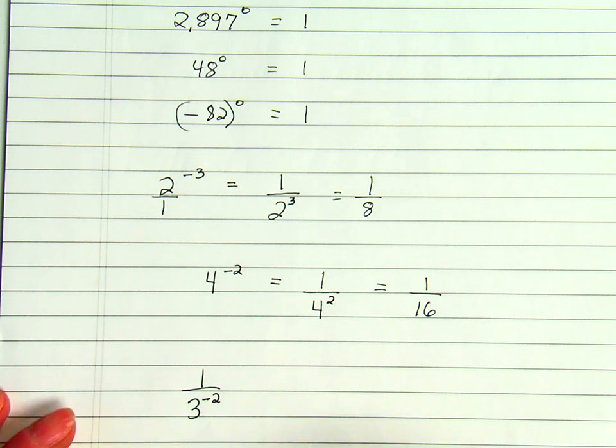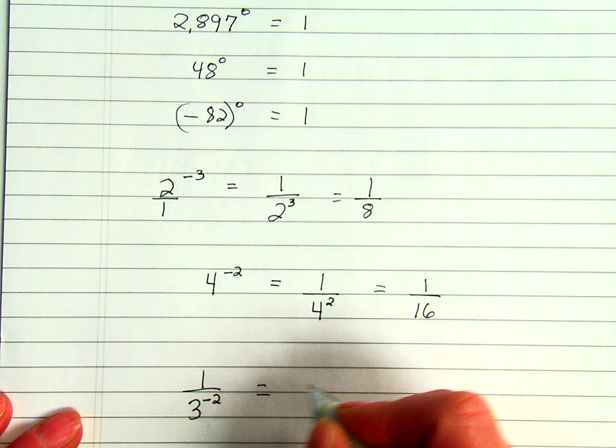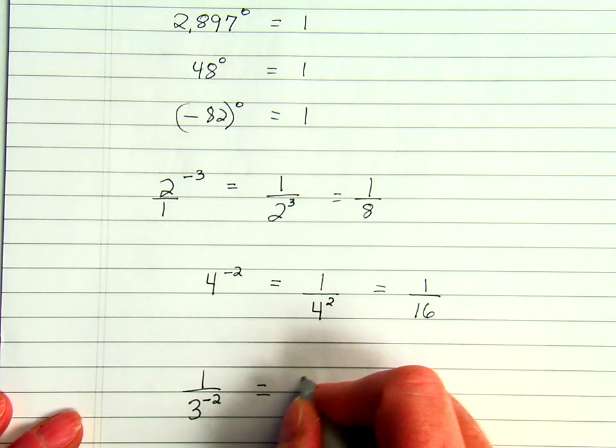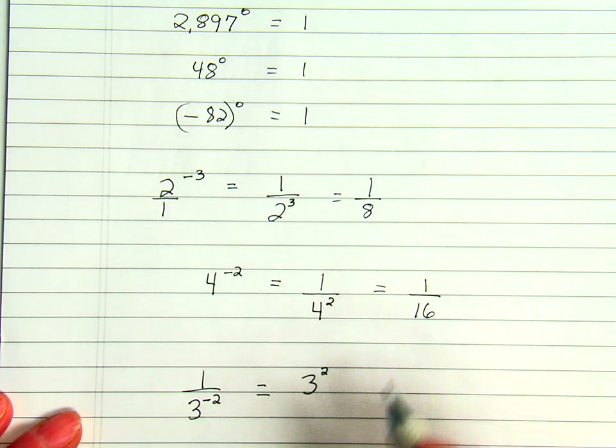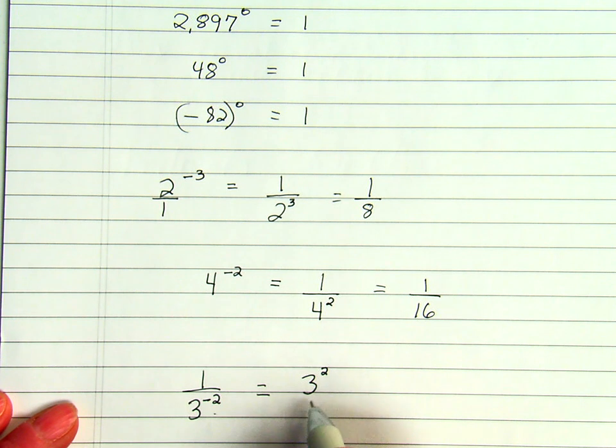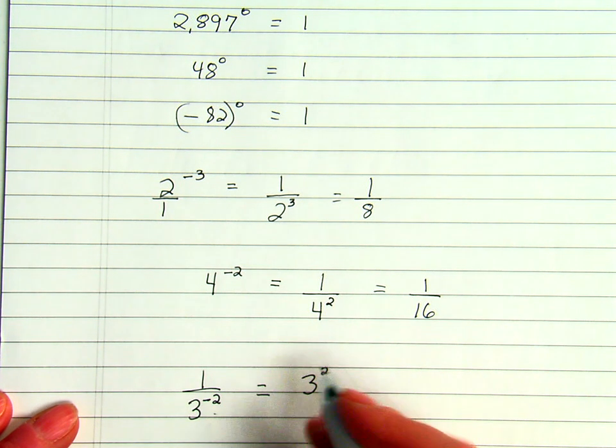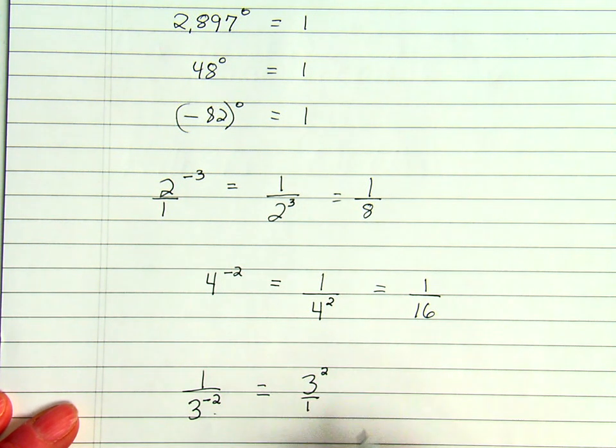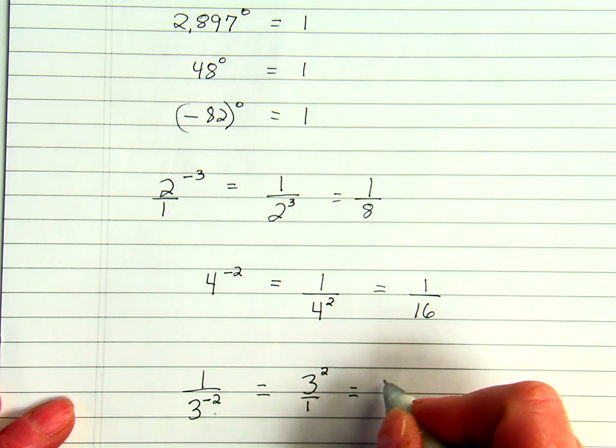I'm actually a whole number. So this is actually going to equal 3 squared. Notice when it comes up into that numerator position, and of course, once again, we can put that over a denominator of 1. Once we bring it into that numerator position, we now have 3 squared. The negative sign is gone, okay, and 3 squared is equal to 9.